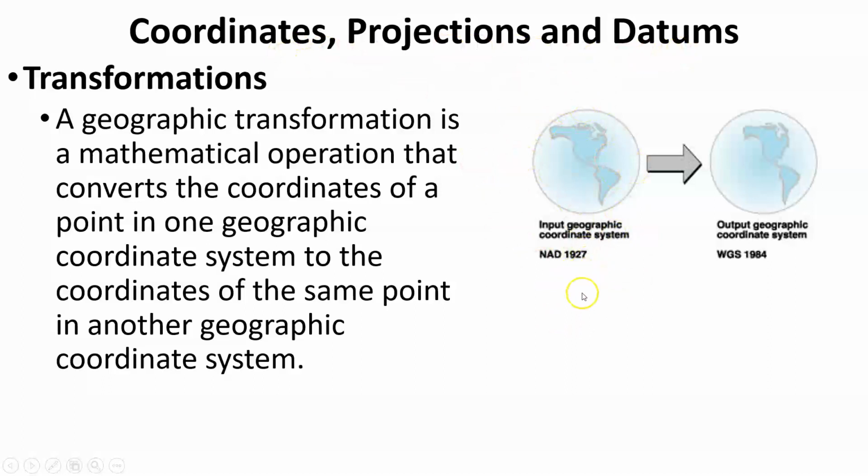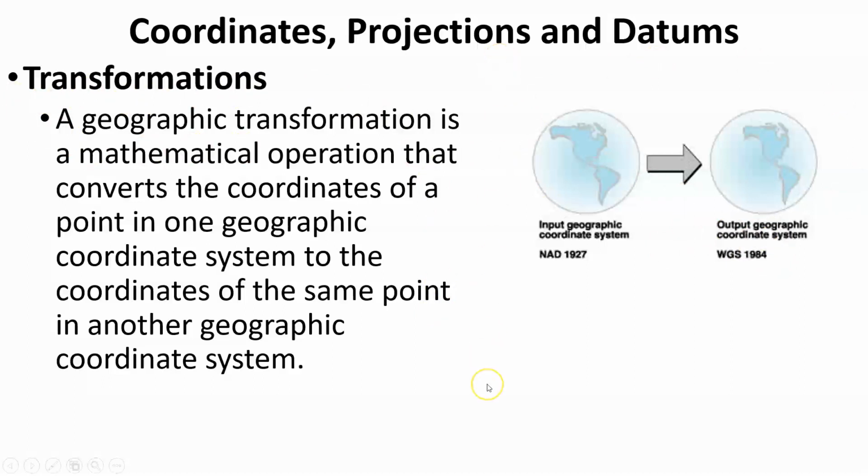These files are being updated to WGS84, for example, right? So for this you would need to use a transformation, which again is one of the tools that comes with our GIS software.